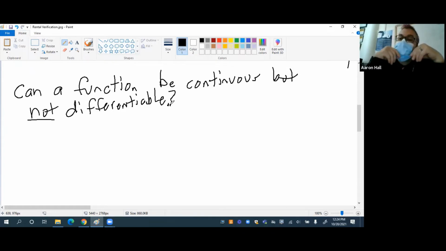I'm just thinking of the discontinuities. So there are 4 different types of discontinuity, right? What are they? Removable, jump, oscillating, infinite. Which one am I talking about in this question? None of them. Why? Because this is continuous.